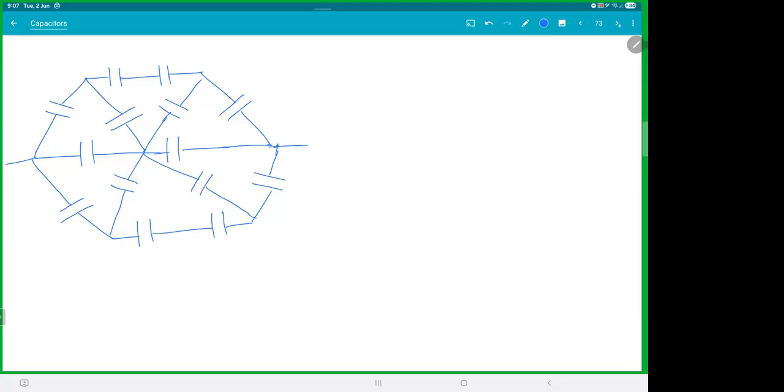There, you can see how this whole thing is. In this, if you see, there are both the symmetries: an axial symmetry and a bisector symmetry. But let's see the first part.